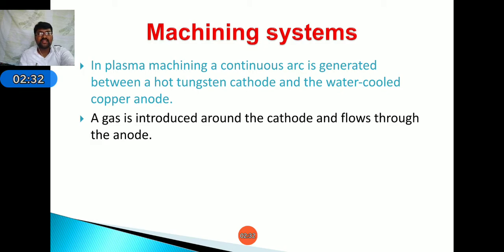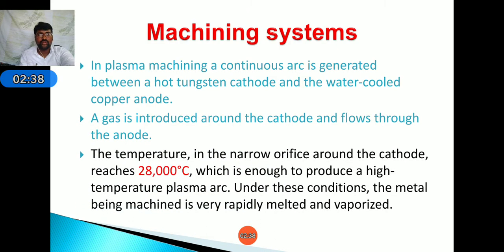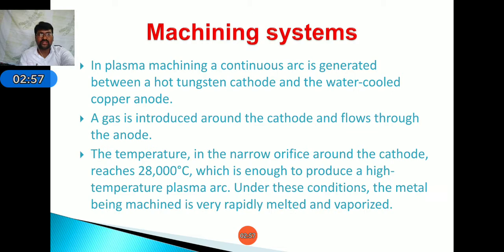A gas is introduced between the cathode and flows through an anode. The temperature in the narrow orifice increases to about 28,000 degrees centigrade, which is enough to produce a high temperature plasma arc. Under these conditions, the metal being machined is very rapidly melted and vaporized.